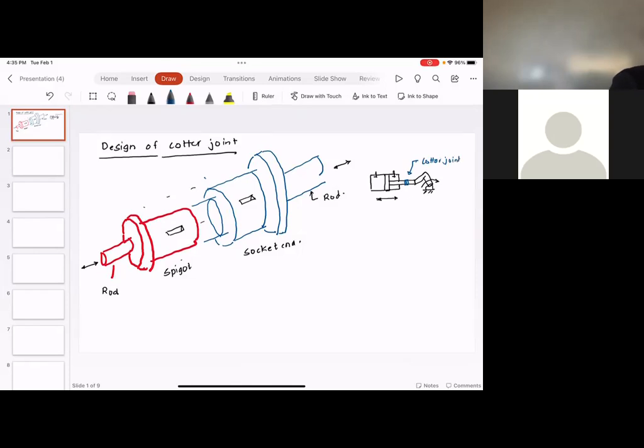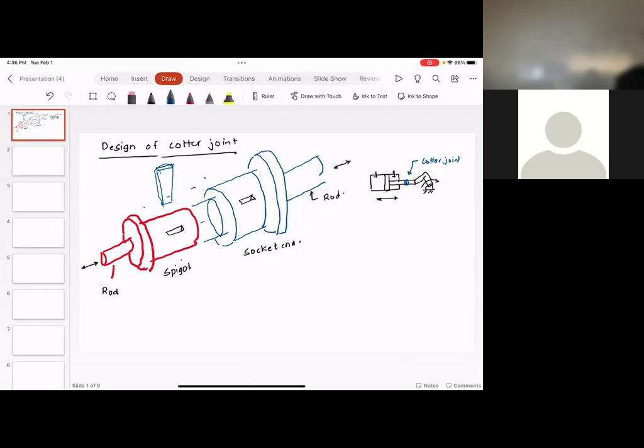And if you look at the quarter, it looks something like this. Usually what we do is quarter is designed to be a weaker element. What it means is if this entire joint has to fail, we deliberately want quarter to fail.